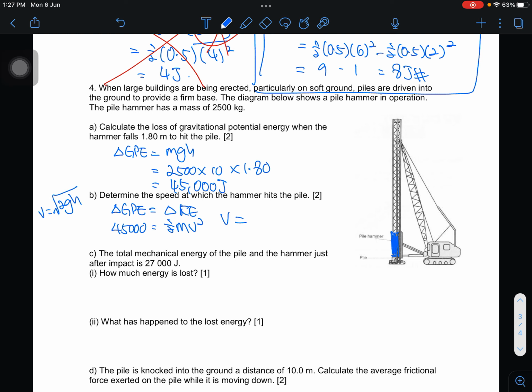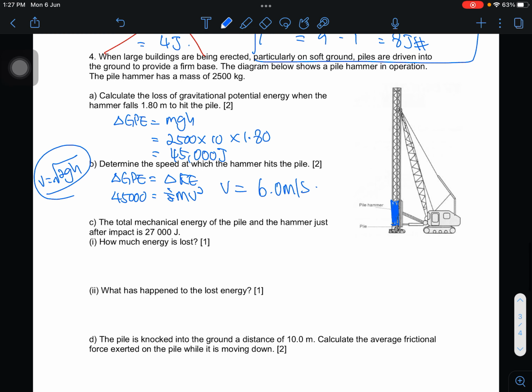You'll get the same answer. So it'll be 45,000 times 2 divided by 2,500, and the answer should be 6 meters per second. Verify it with this formula, you should get the same answer.